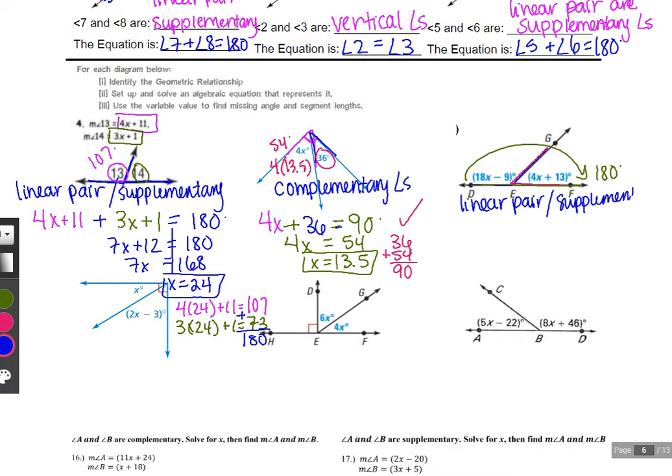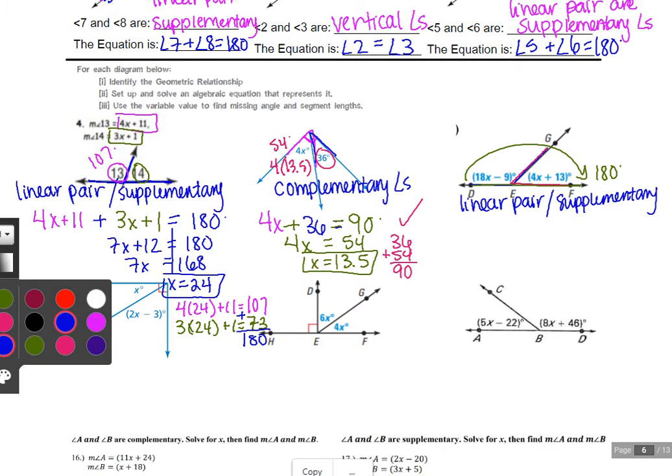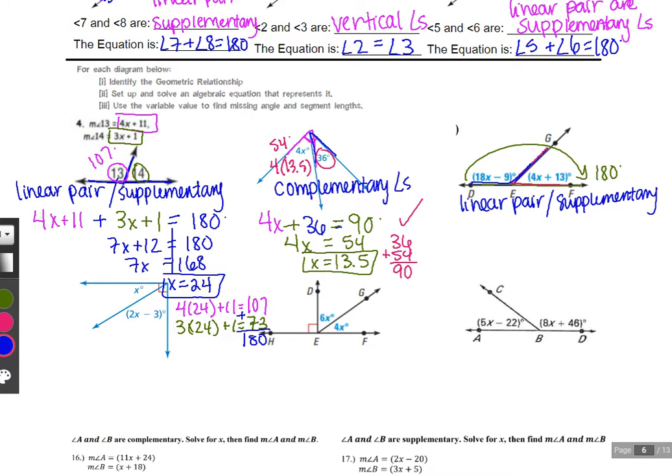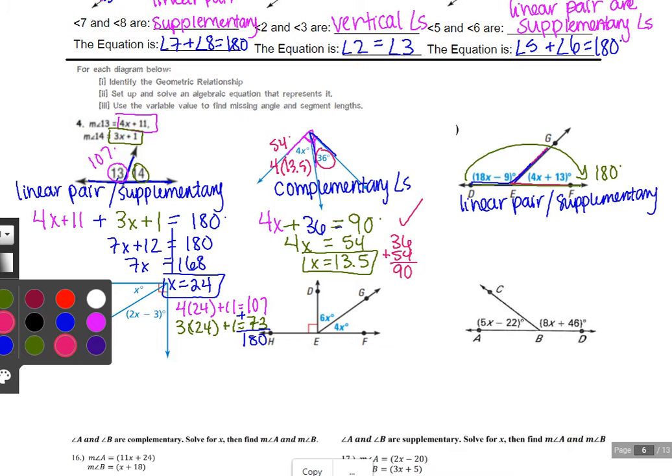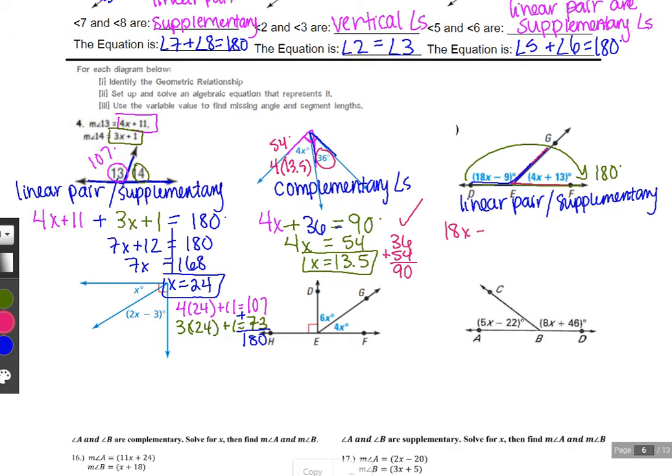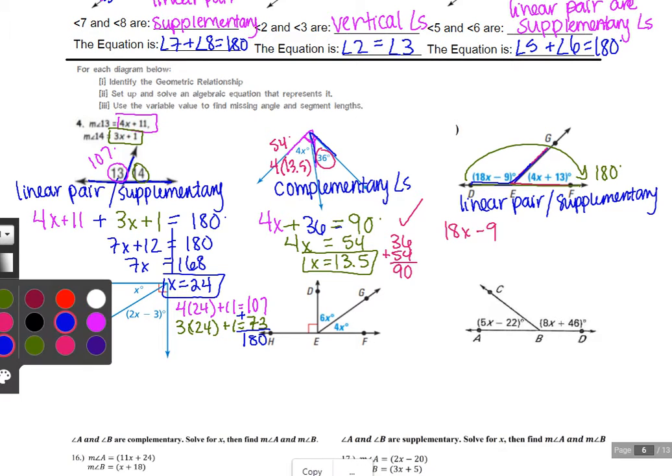Okay, so now to set up our equation, we know that these two angles, when added together, have to equal 180 degrees. So we'll write down the first angle measure, which was 18x minus 9. And then I need to add that to my other angle, which was our 4x plus 13. And then we know that needs to equal 180.